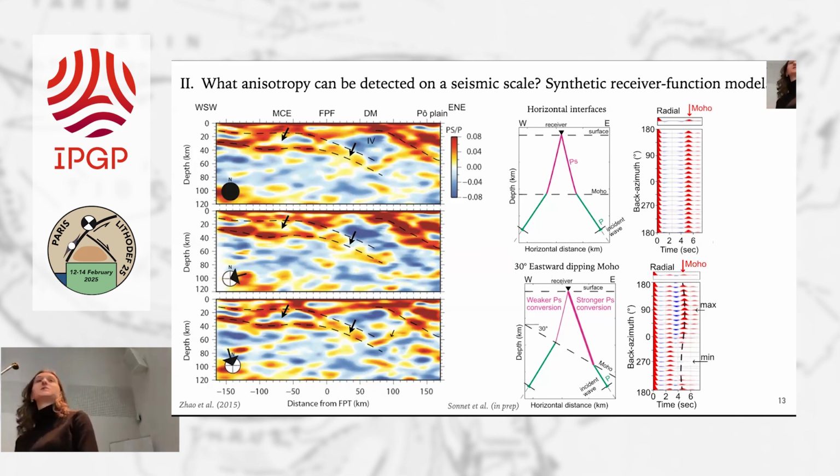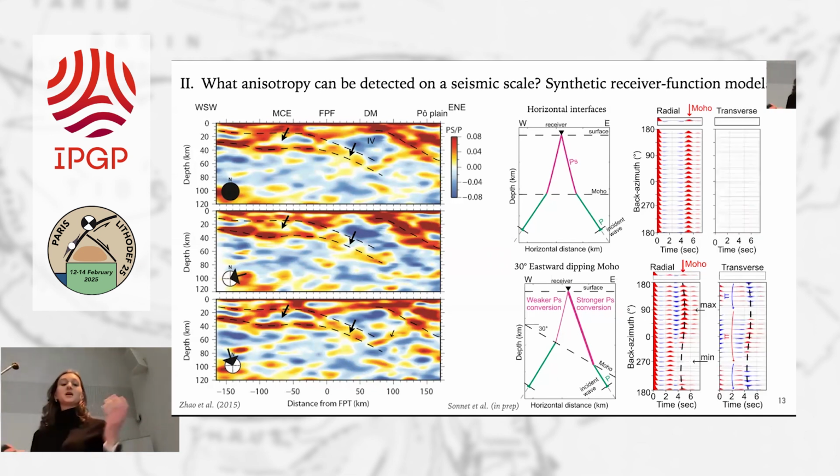And to make things a little more complex, the signal is not only recorded on one component, but on two, the radial and the transverse components, which are kind of vectors that record the movement at the station. Depending on the configuration, a part of the signal could also be recorded on the transverse component.